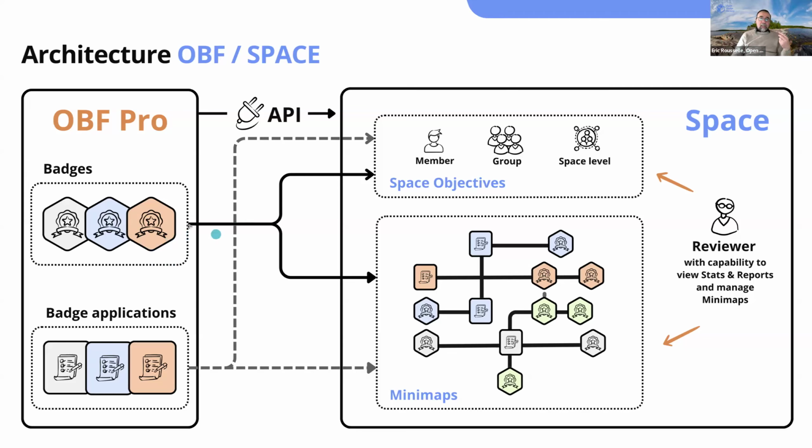Both can be shared, published or assigned to different members of the space. You could even assign a badge to one specific member if you want, to one group, or to every member in the space. You have several possibilities here.